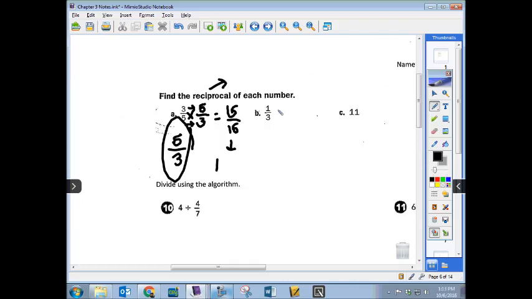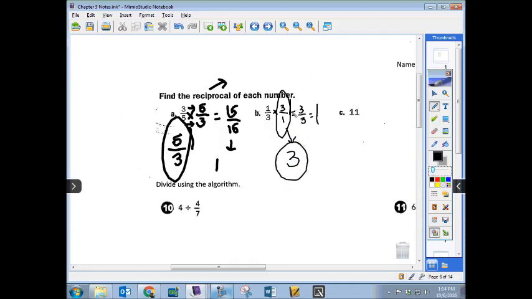Okay. The reciprocal of 1/3, well, again, if you just thought about it like that, but let's just multiply it out just to be sure. Let's multiply it times 3 over 1. That's going to give me 3 over 3, which equals 1. So there we go, 3 over 1. Which, by the way, 3 over 1, what does that equal? That equals 3, obviously.